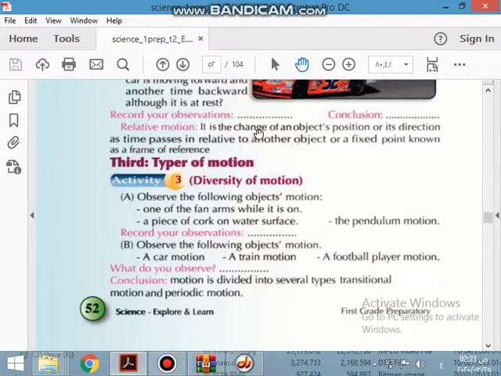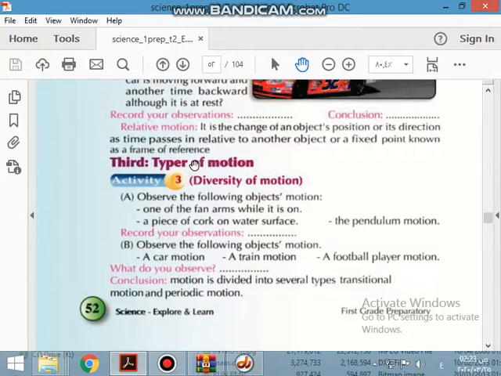The object position, that's my car, and another object, that's the other car. I compare the motion between them. The other car is the fixed point or the frame of reference. I compare the motion of my car with it.